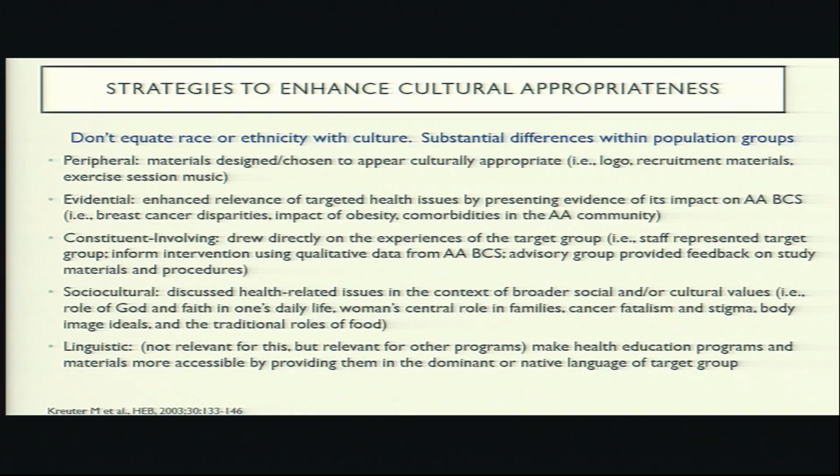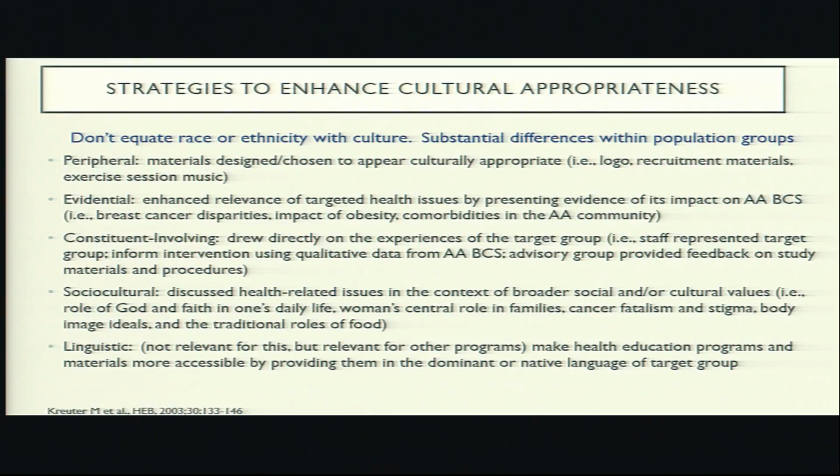And I want to spend a few seconds on this. But as we developed the intervention, we used a framework offered by Matt Kreuter from Washington University to enhance the cultural appropriateness. And he makes the important point of don't equate race or ethnicity with culture. There are substantial differences within population groups.